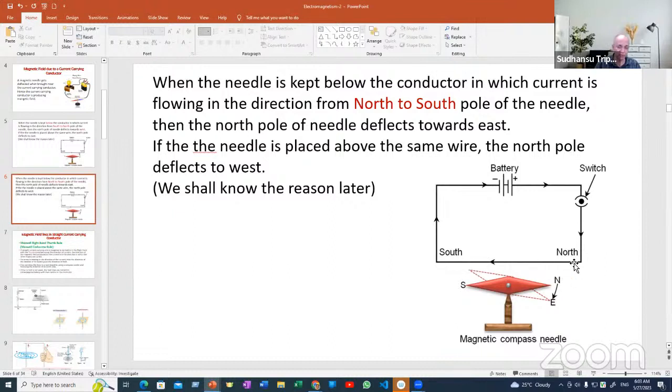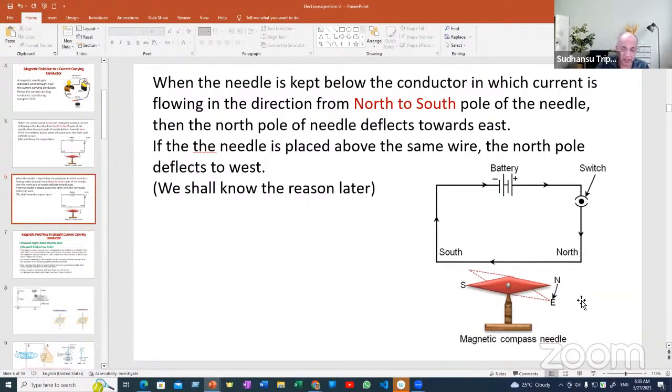If the thumb represents the direction of the current, then all other fingers curled around will give you the direction of the magnetic field. And that magnetic field will interact with the magnetic field of this permanent magnet present in the magnetic compass.